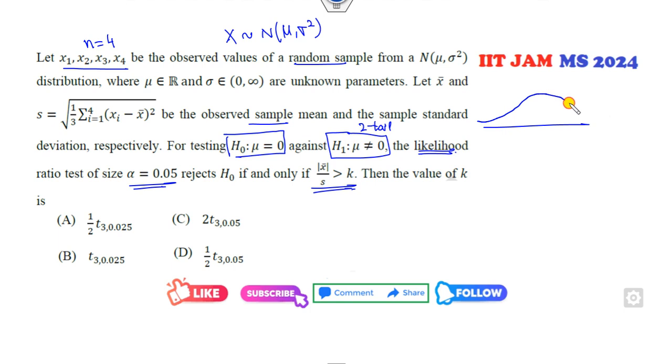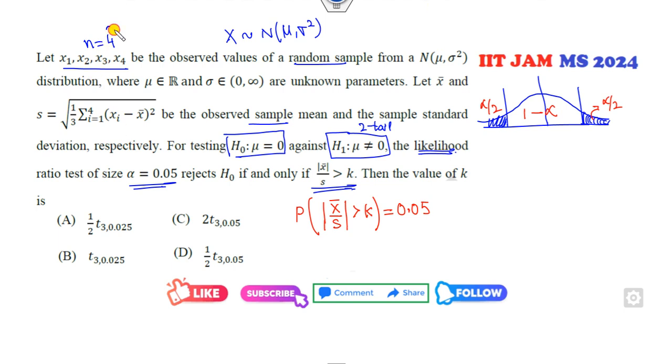So if this number is my 1 minus alpha, this is my alpha by 2, this is also alpha by 2. So for the two-tail, I can write X bar over s is greater than k. This number is given as 0.05.